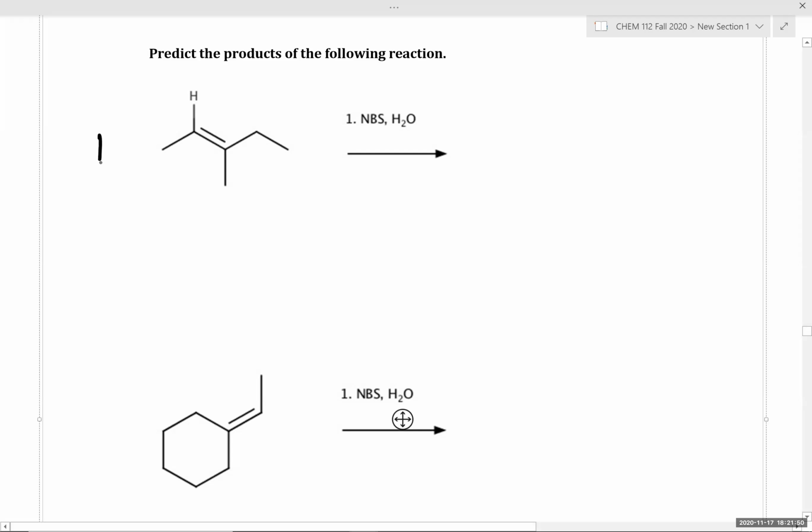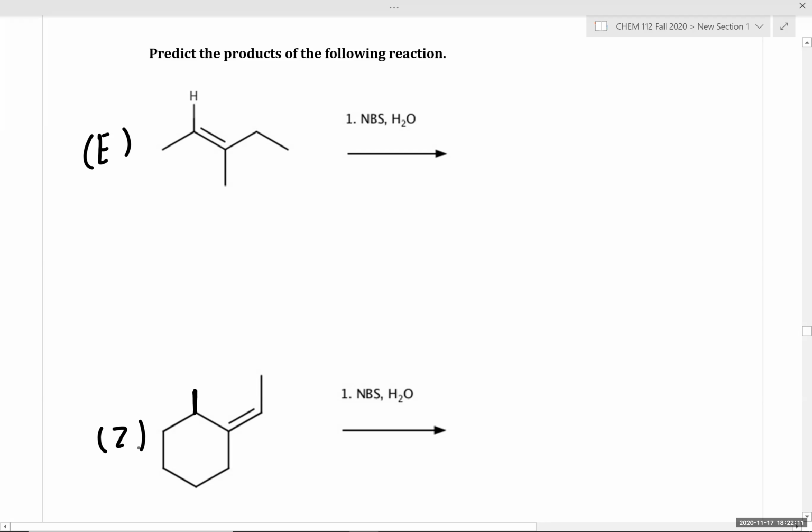Yeah, it looks like an E alkene. Well, this alkene, although it can't formally be defined as Z, let's put a substituent here, just so that way this is a true Z alkene.